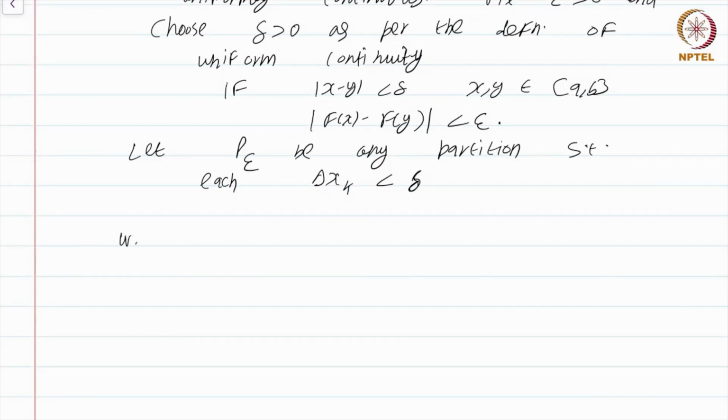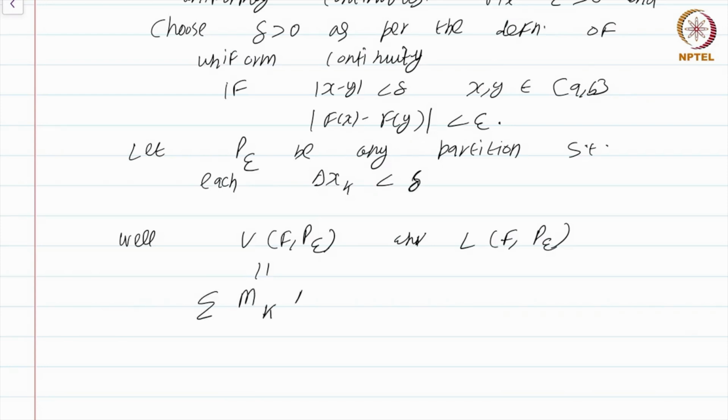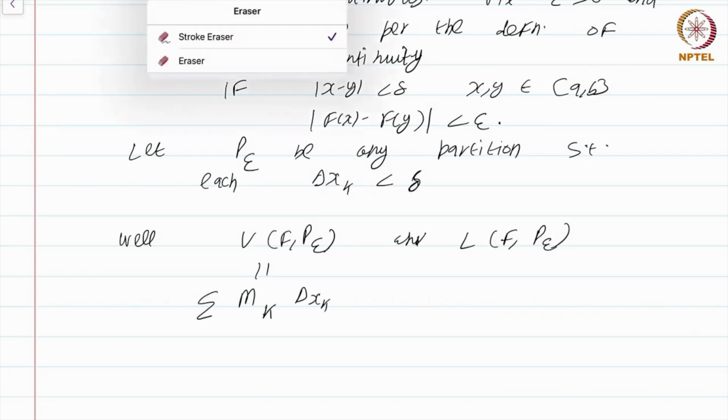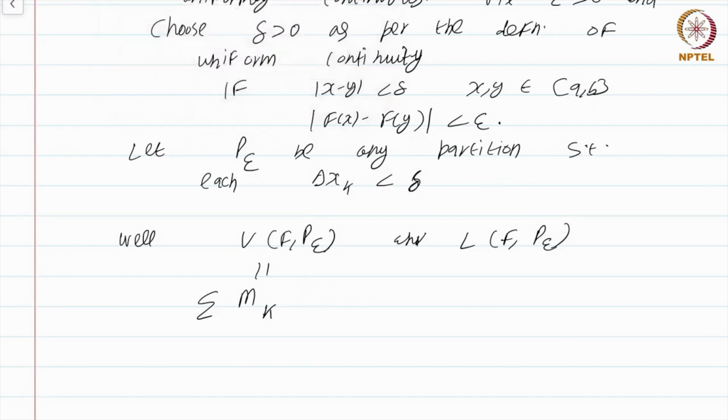Well, let's compute U(f, P epsilon) and L(f, P epsilon). This is just going to be the summation of capital Mk delta xk, where this xk is a subscript, k running from 1 to n.